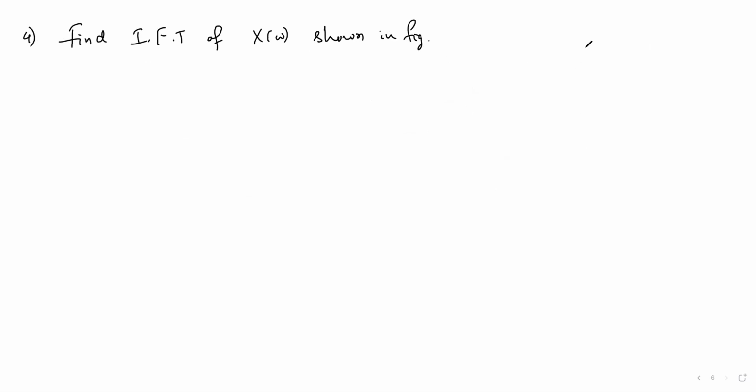X of omega is given like this: 1, 2 on this side, minus 1, minus 2, plus 1, plus 2. The signal is like this.